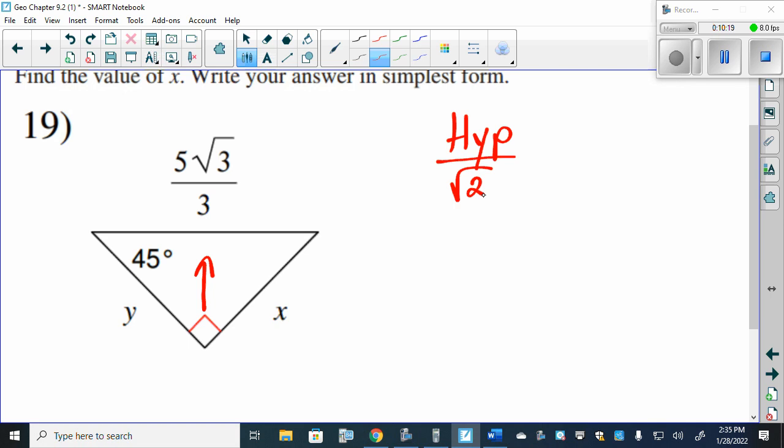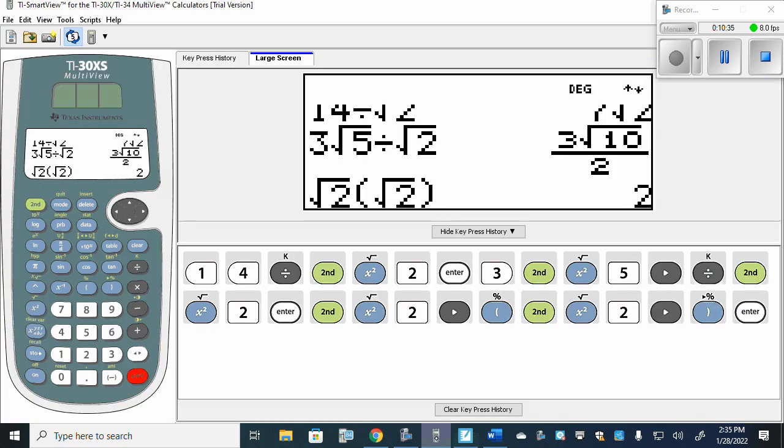So what we're going to do is we're going to take 5 square root of 3 over 3 and do what? Divide it by the square root of 2. And we can write it this way here, or we can put it over the square root of 2. Yes.